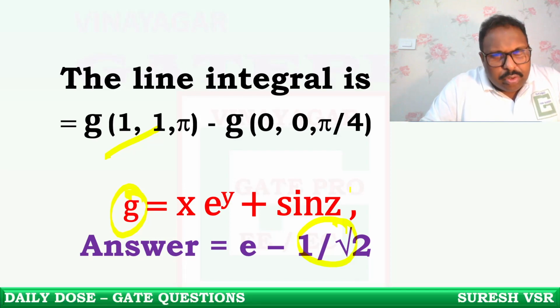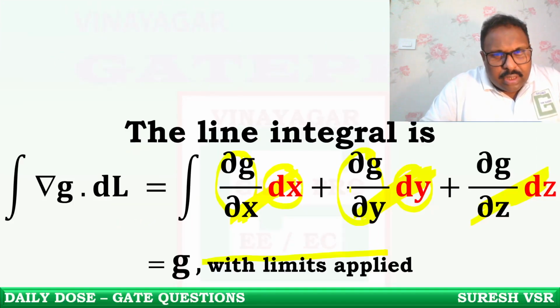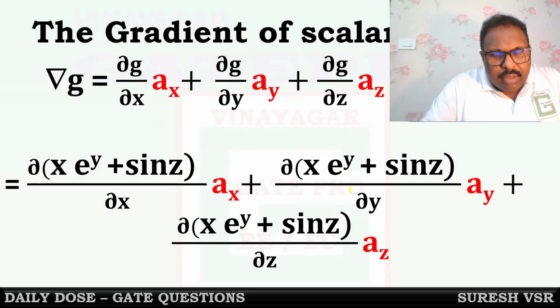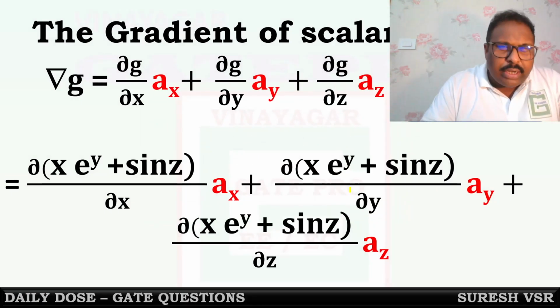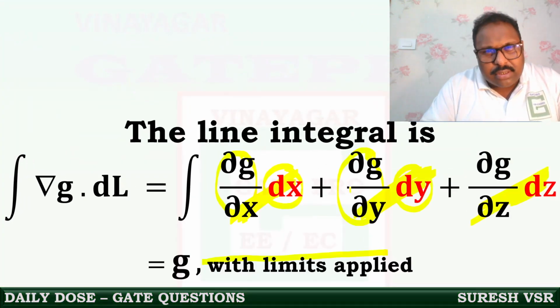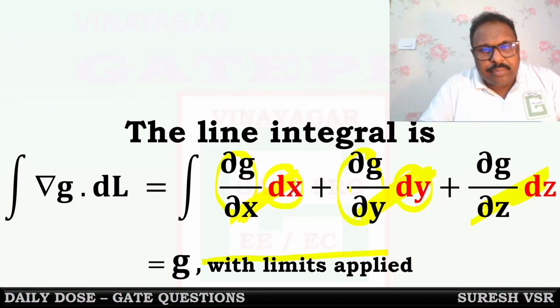So the question looks complicated. It seems as if you have to find the gradient and then find the vector. But the gradient operation is not needed here, because even after the gradient operation, what you have to do is integrate again with the length. So differentiation and integration, two contrasting operations, cancel.